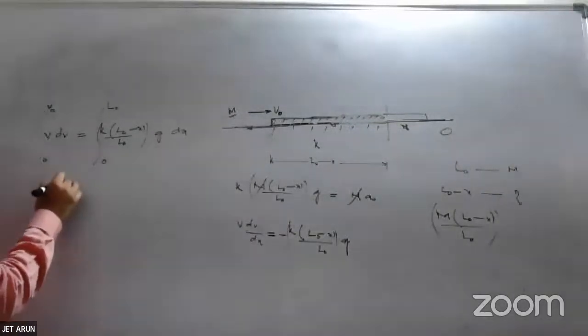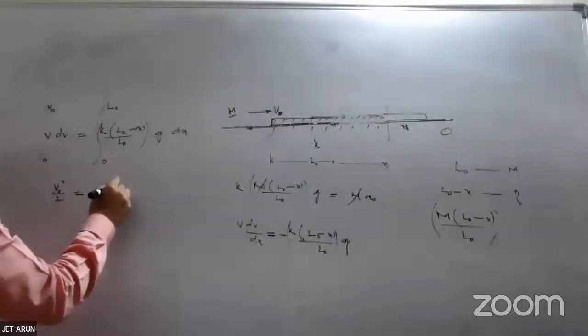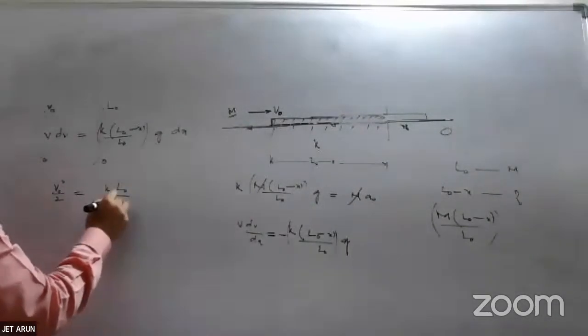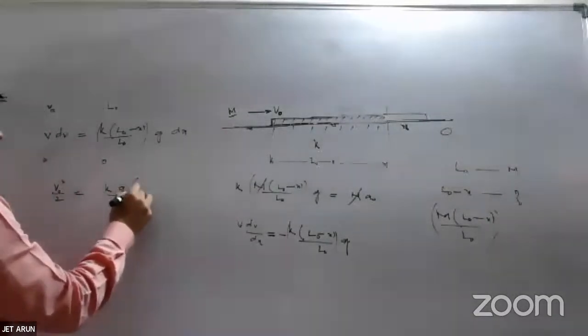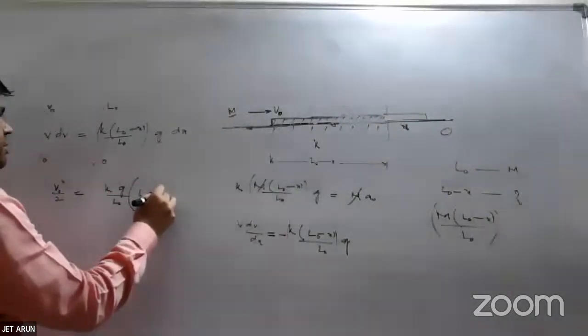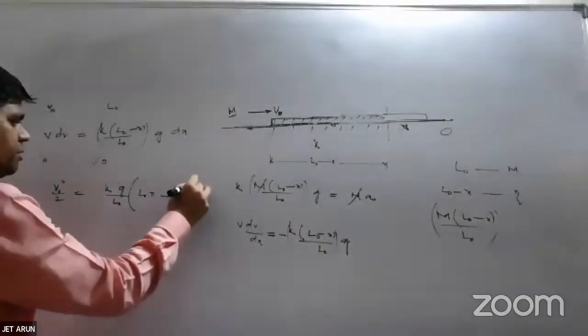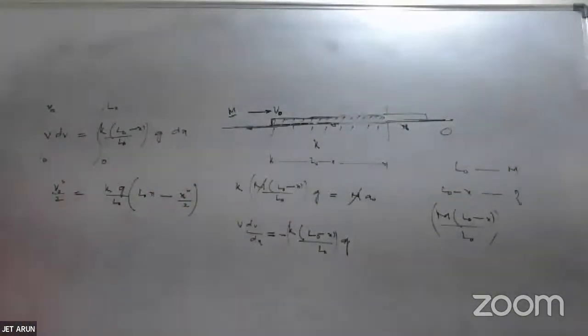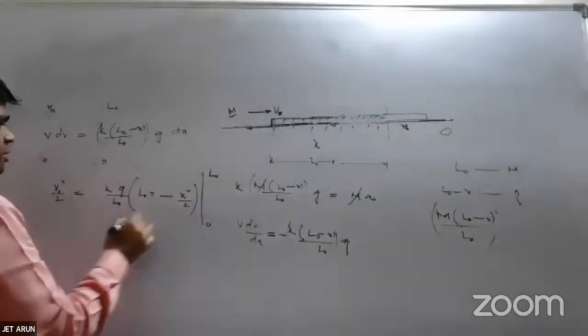All right, so I'll have v naught square by 2 is equal to mu times g, L naught x minus x square by 2. So I substitute limits 0 to L naught.